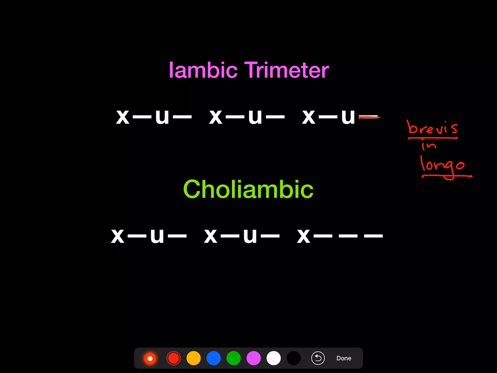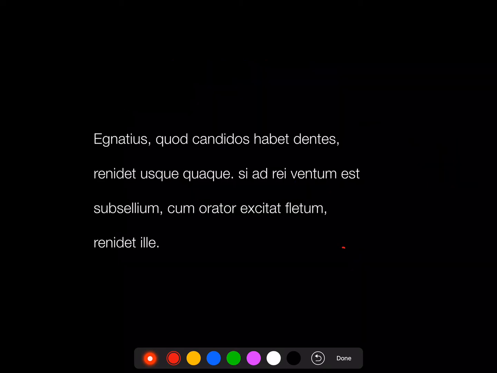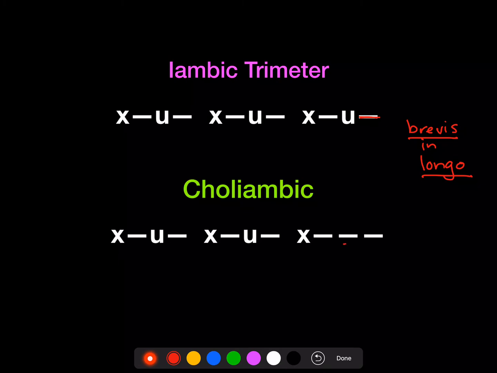Aristotle says in his Poetics that it's the Greek meter that sounds the most like speech. And that's why a lot of the speaking in Greek tragedies gets done in iambic trimeter. So choliambic meter looks just like iambic trimeter until you get to the end there. Okay?